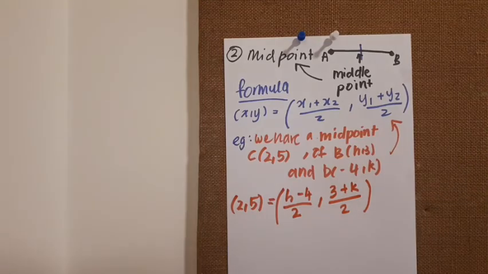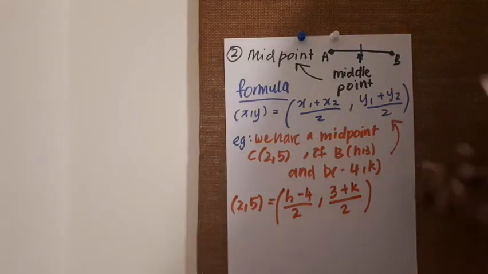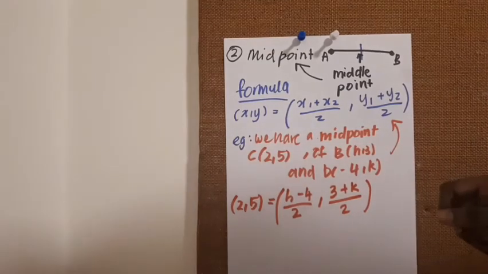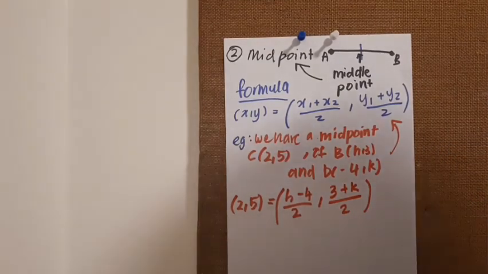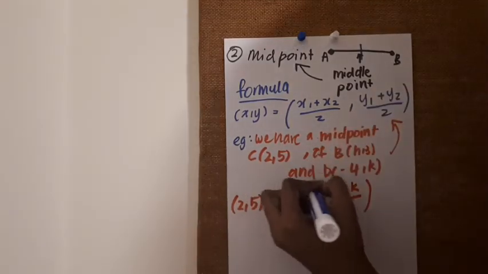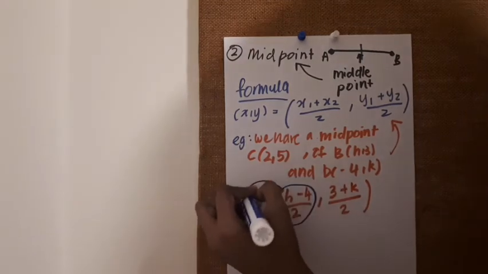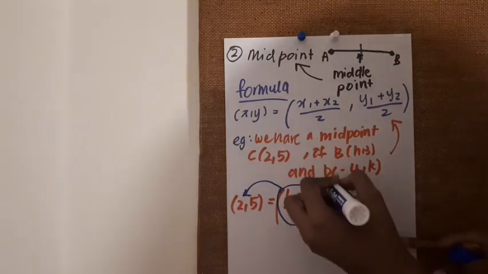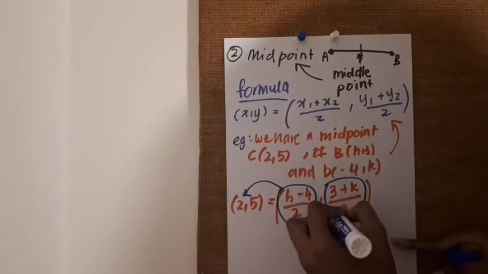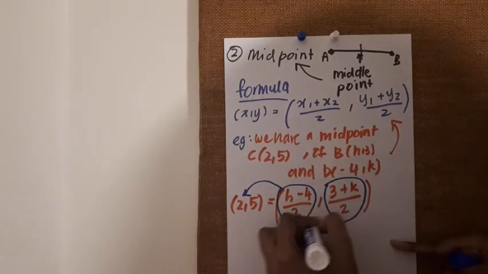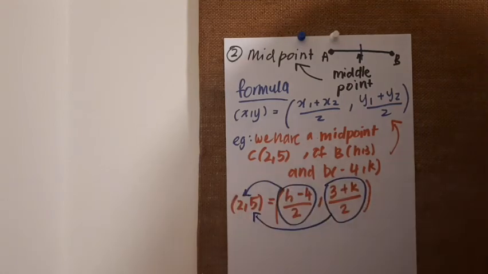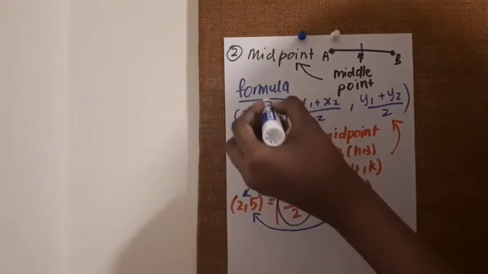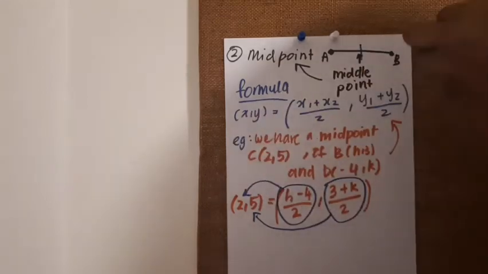Now we are going to solve for it. h minus 4 over 2 is going to be equal to 2, and 3 plus k over 2 is going to be equal to 5, because that's how the formula works.